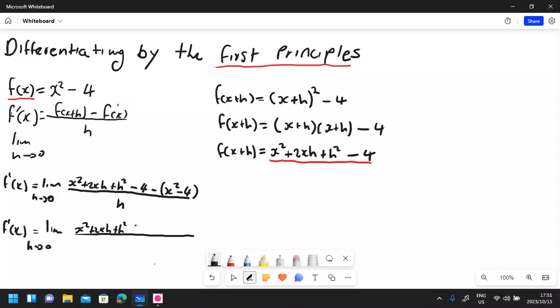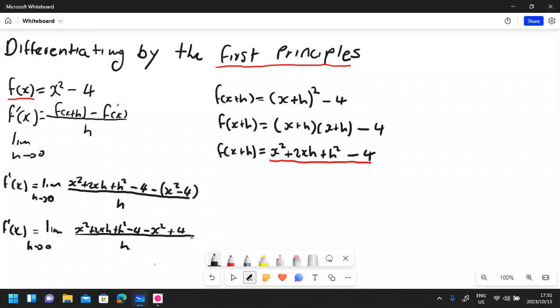I know this can be tiresome, but don't be lazy to do it, guys, because you're going to make mistakes if you don't. So remember, we have a negative here, so if you multiply by -1 to remove the bracket, you will have x squared, and then negative 1 multiplied by -4, you'll have plus 4, and then all this is divided by h.